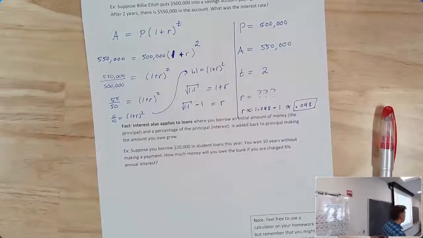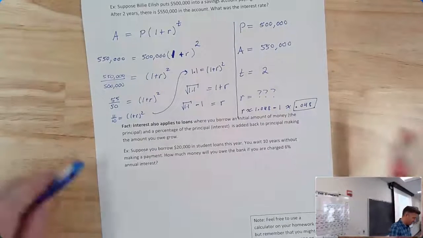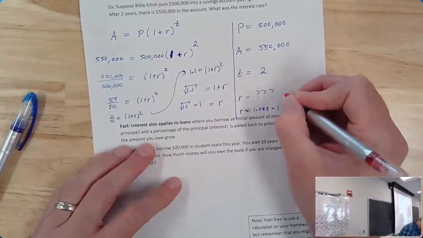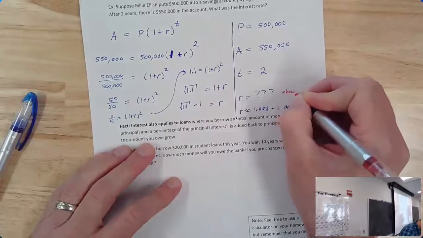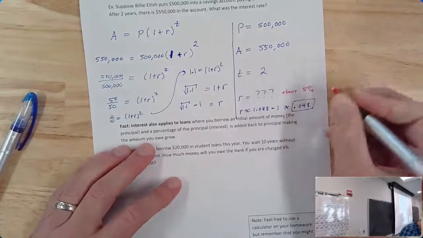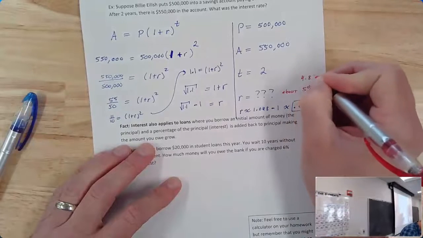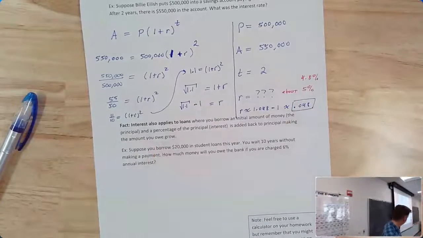So what's my interest rate? Right, about 5%. You can say about 4.8%, or you can say about 5%. Either one of those would be totally acceptable.